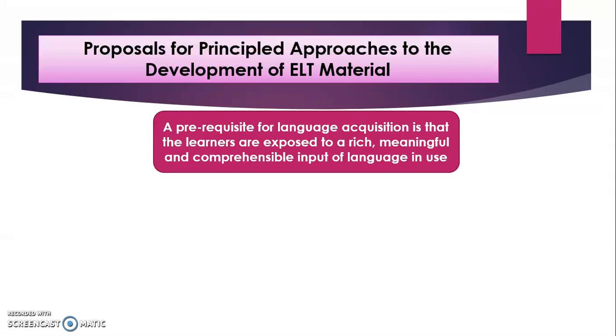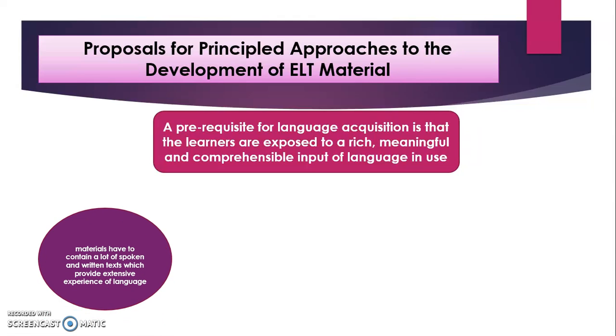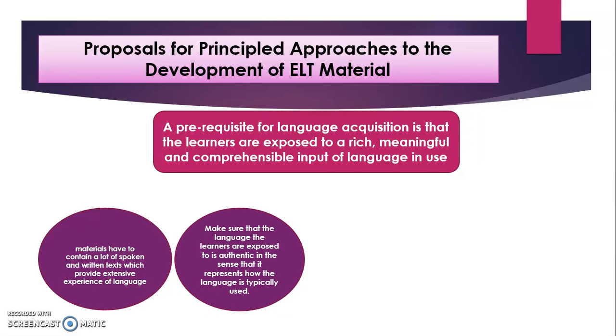So here are the main principles on language acquisition and the principles for material development which I draw from them. The first one is that a prerequisite for language acquisition is that learners are exposed to a rich, meaningful, and comprehensible input of language in use. So materials have to contain a lot of spoken and written texts which provide extensive experience of language.